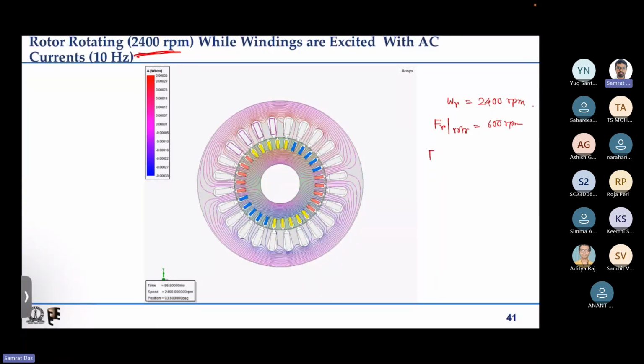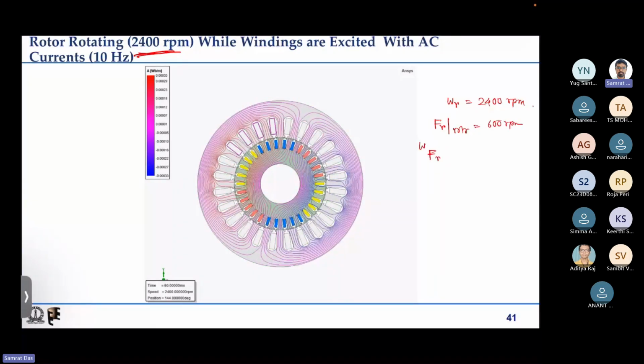So the speed of omega fr with respect to the stator, which is stationary, or ourselves, we are also stationary, applying relative speed principles, will be 2400, because both are in the same direction, plus 600, that is 3000 rpm.